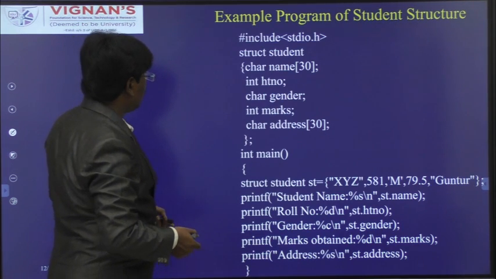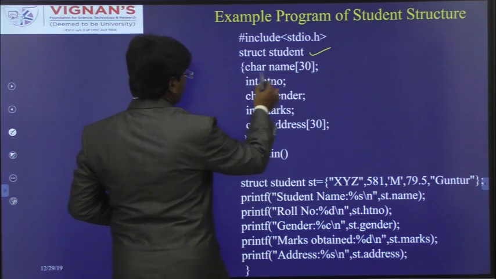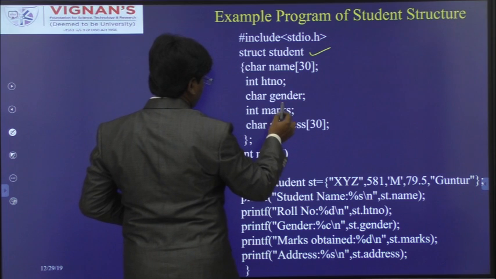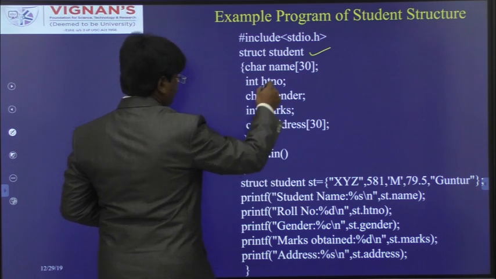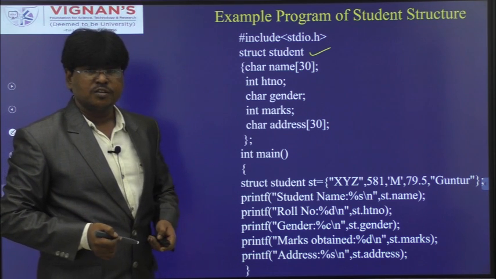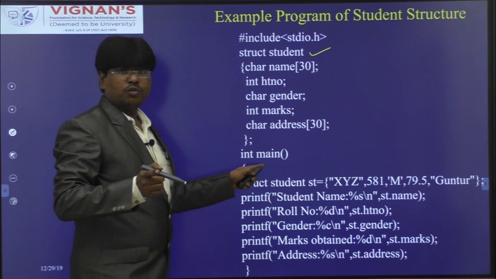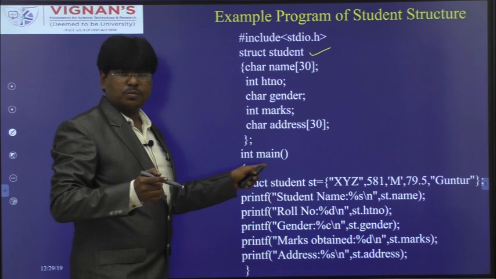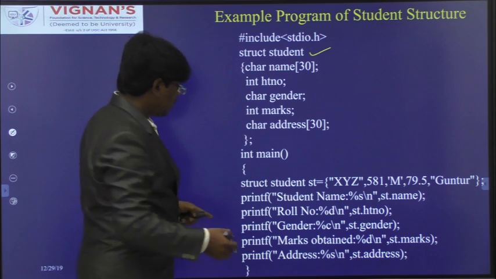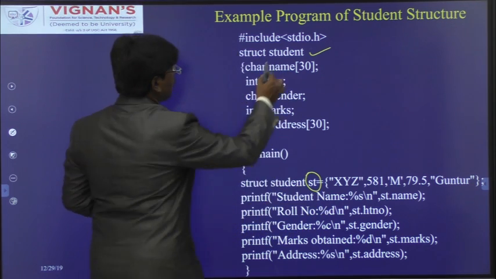I have taken an example program here, a student structure. This is my structure, and these are the members: name, hall ticket number, gender, marks, address. And what is my object here? What is my variable here? I have declared it in the main function. I told you the structure variable can be declared in another function also, but this object is related to this particular student only.